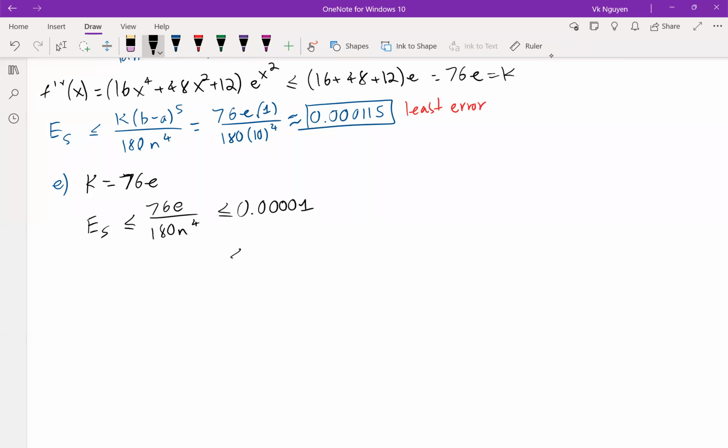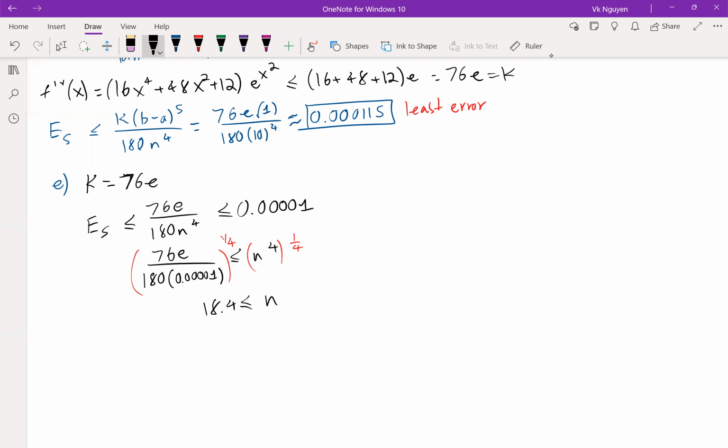So we can see that n to the 4 is 76e over 180 multiplied by 0.0001, which gives us that n, you just have to take the fourth root of each, is greater than or equal to 18.4.